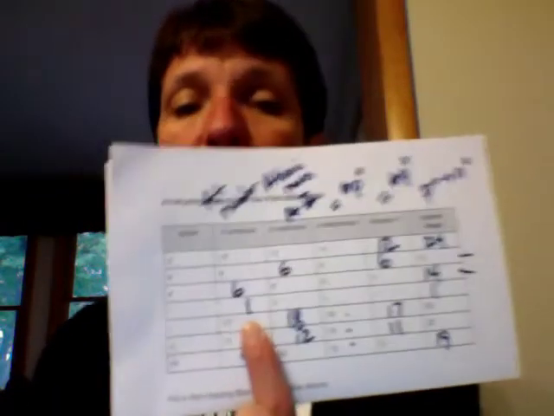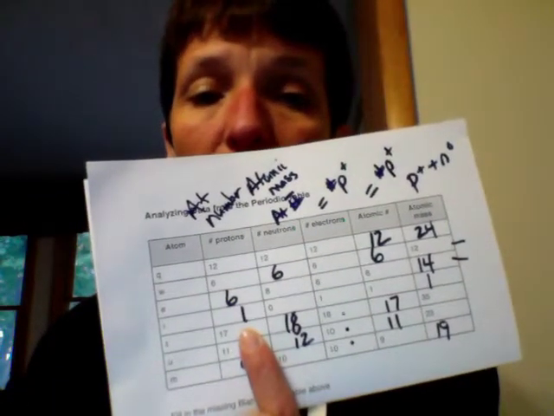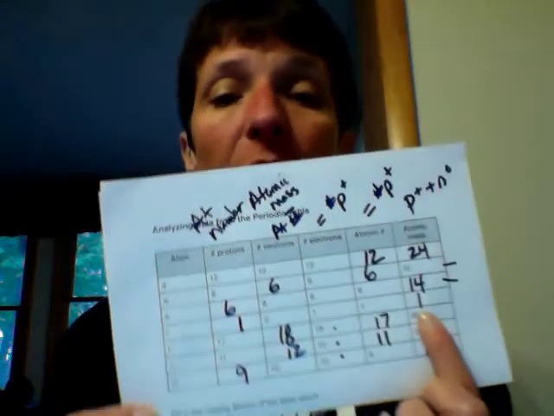So our atomic number here is 1, which means my number of protons is going to be 1. The other item that's missing here is my atomic mass. Again, protons plus neutrons makes my atomic mass. So in R, I have 1 proton and 0 neutrons, which gives me an atomic mass of 1. And so that would go there. So going across R, we have 1, 0, 1, 1, 1, all the way across.